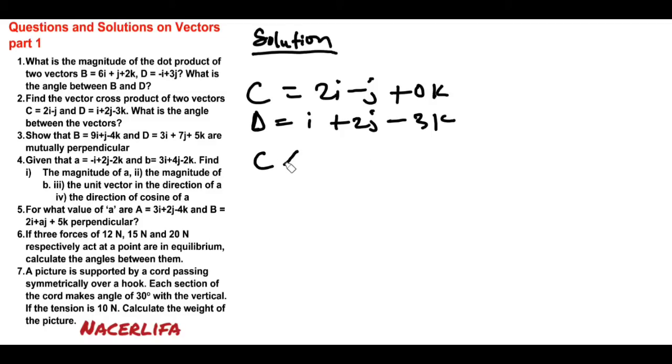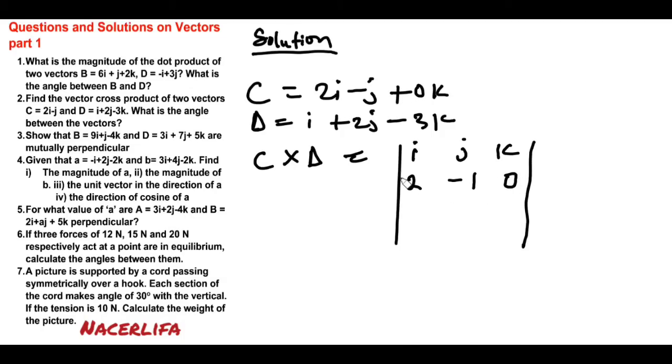We say C cross D. In this case now, we have the I, J, K. Then for the first row, this is 2, this is minus 1, and this is 0. This is 1, this is 2, and this is minus 3. So we use the sign convention: this is plus, this is minus, this is plus.